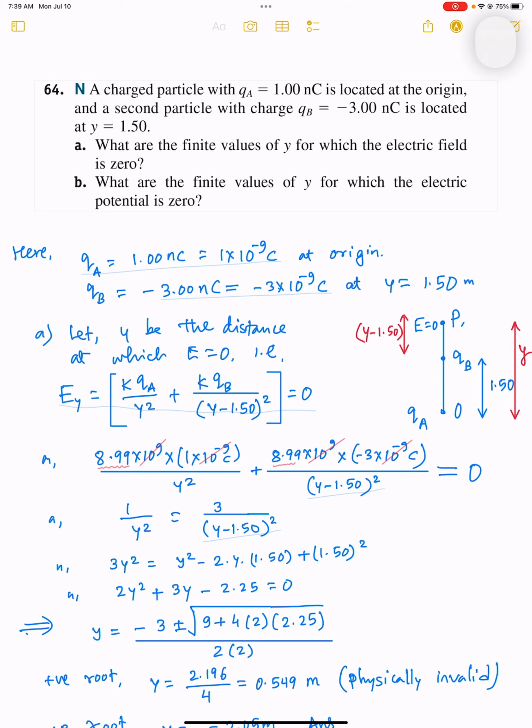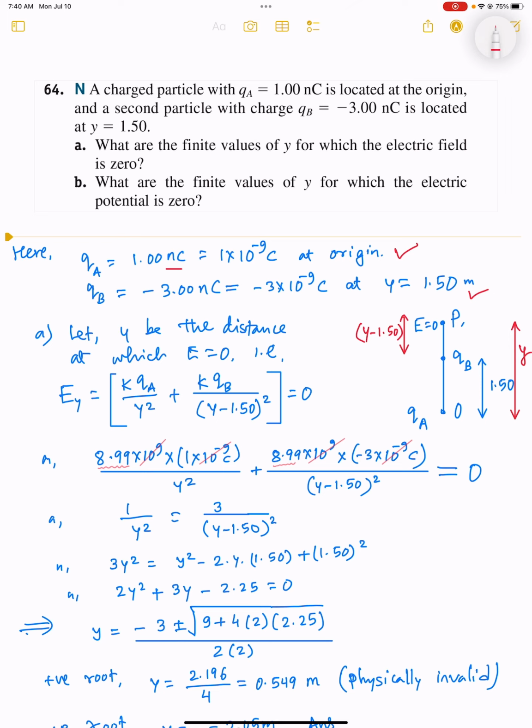Okay, so here you can write the given values like this. This is QA, this is QB, and this is the distance between them. You have to convert these values into standard SI units.